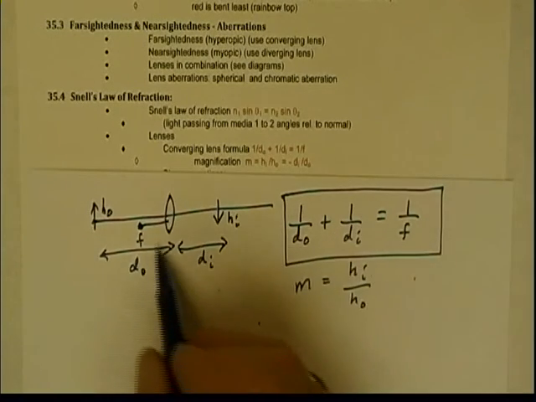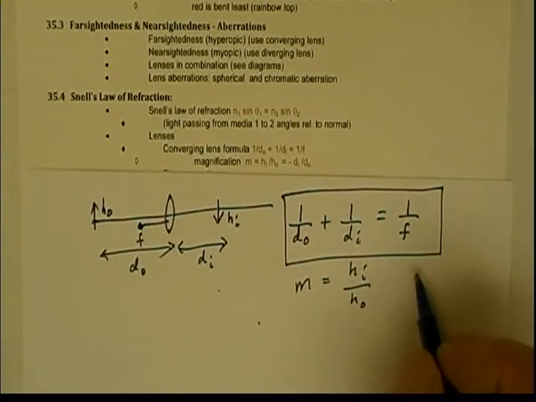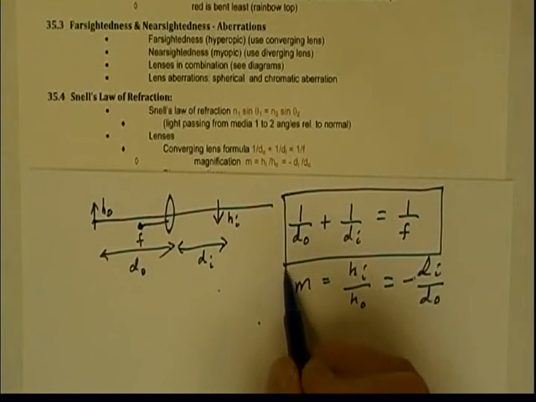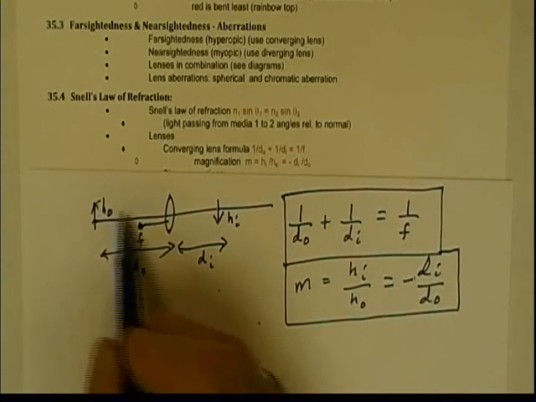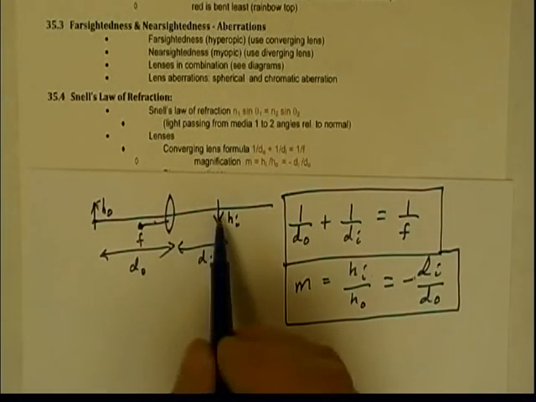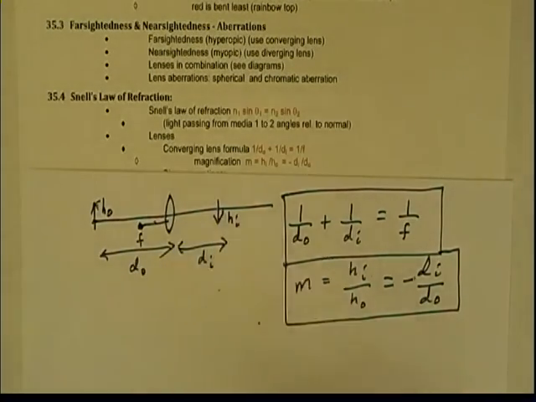A little bit of work with similar triangles using our last diagram can show you that this is minus the distance to the image over the distance to the object. Just by similar triangles, the size of this will be to this as this will be to this.